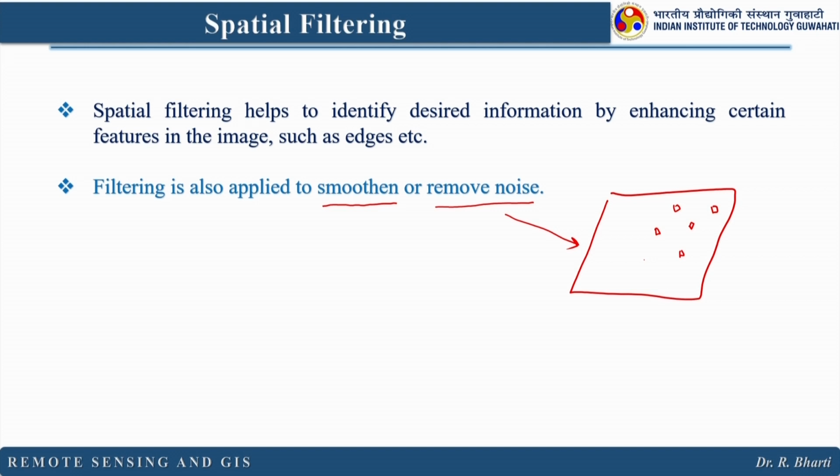Then you can smoothen the image, so your data will have a smaller file size. Such things you have to take care of when working with data for a particular objective.